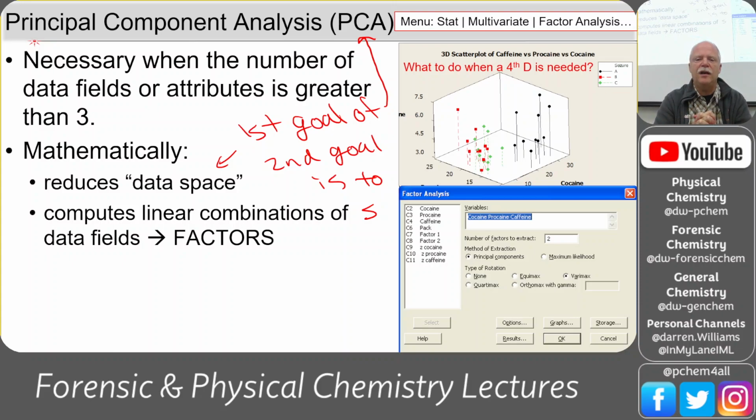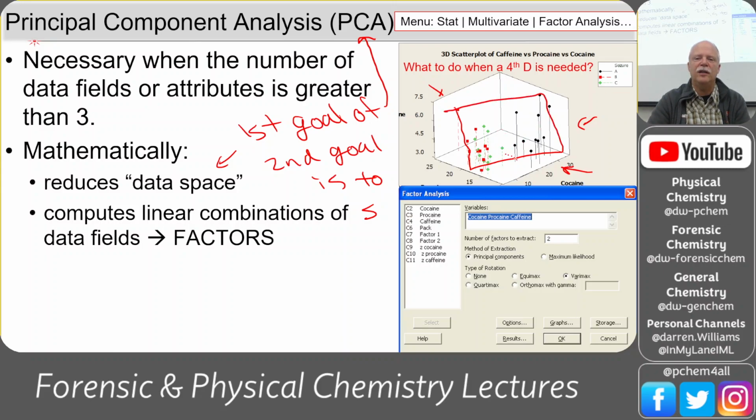But it will take an equation, and we'll see that equation of a percentage of the cocaine number, a percentage of the procaine number, and a percentage of the caffeine number. So it'll create essentially 2 new axes that go through the data. Instead of these 3 planes here, the white boxes, what if we drew a plane diagonally right here, like this?